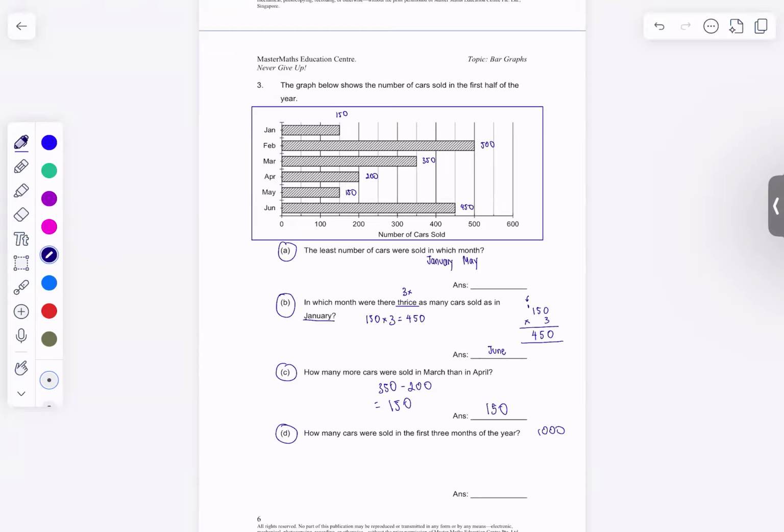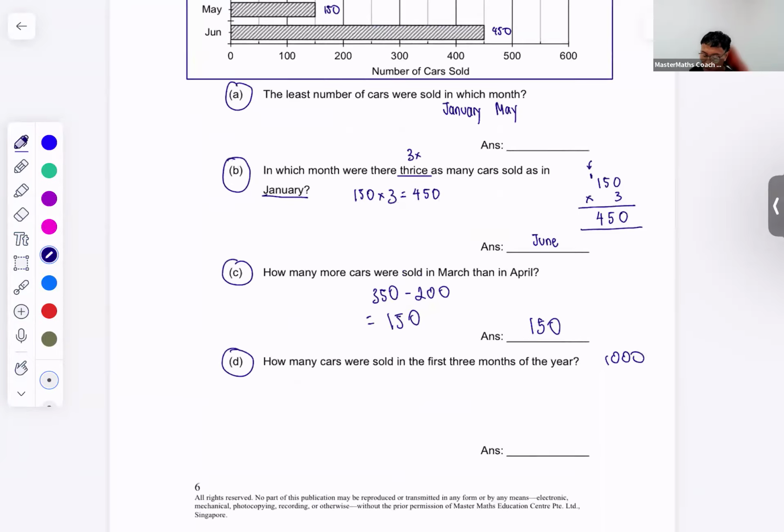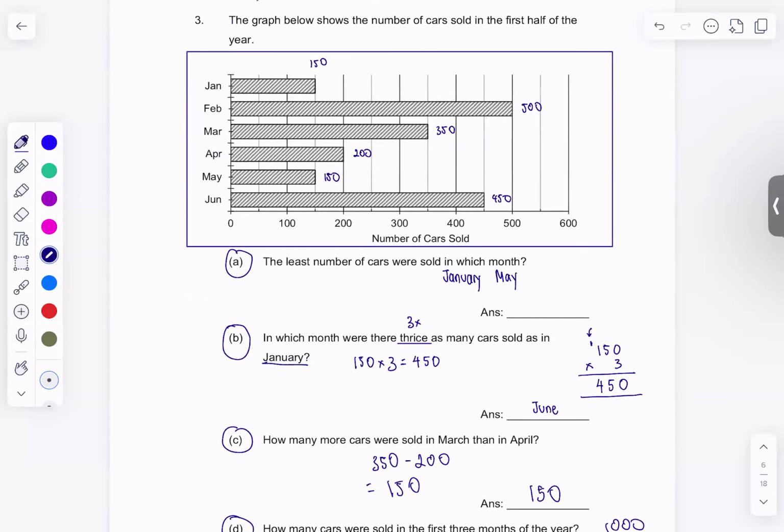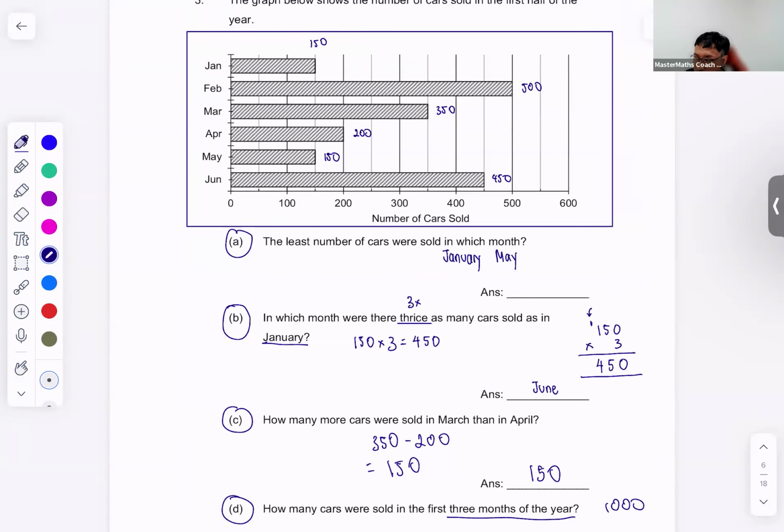Okay, so the question asks how many cars were sold in the first 3 months of the year. So we have to find out the first 3 months. Can you tell me which are the first 3 months of the year? January, February, and March. Correct.